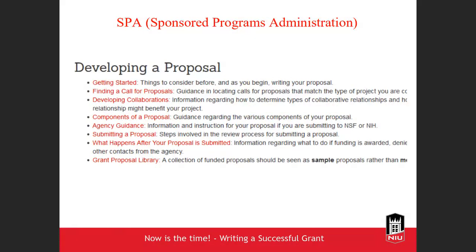Here's an example. They're developing a proposal informational page. So they have information about getting started, finding calls, developing collaborations, about specific agencies. So you see there's a lot of information that they have available.